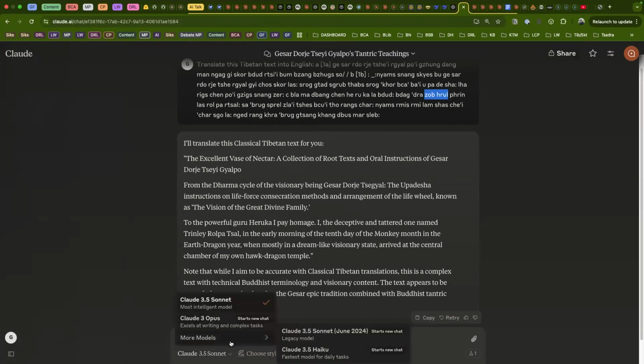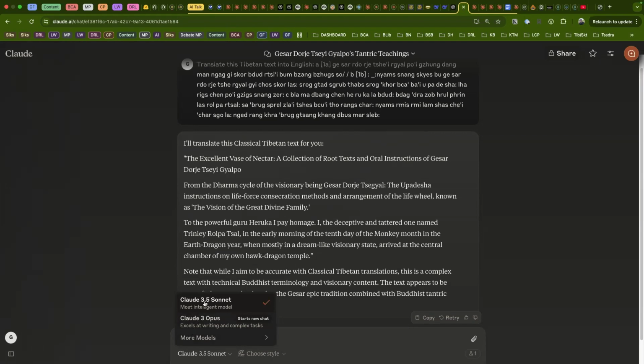Thank you. See here, if you go on Claude, you can choose the model you want to work with. Now we're working with 3.5 Sonnet, which is the best model, particularly for textual tasks, so text-oriented work. You have Opus, you have Haiku as well, various models you can select here.